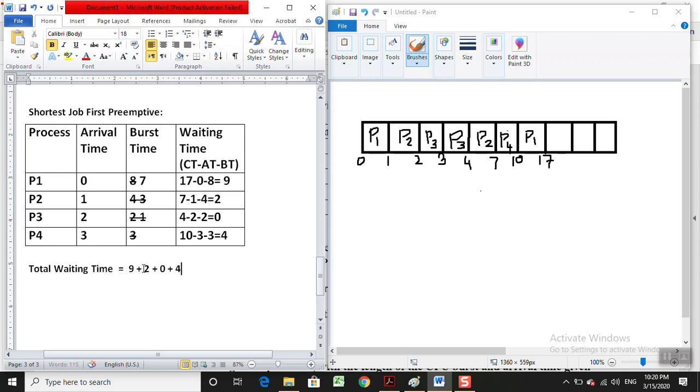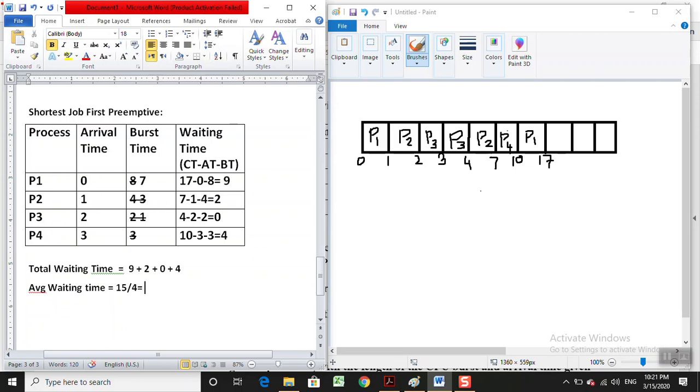So the average waiting time is equal to 9 plus 2 is 11, 11 plus 4 is 15, 15 divided by the number of processes, which is 4.